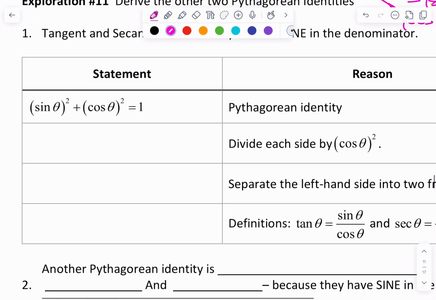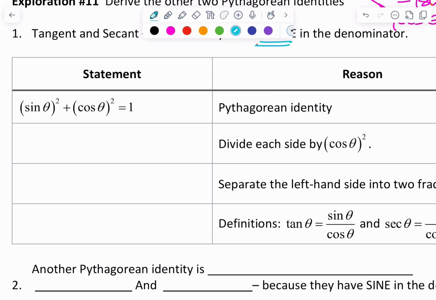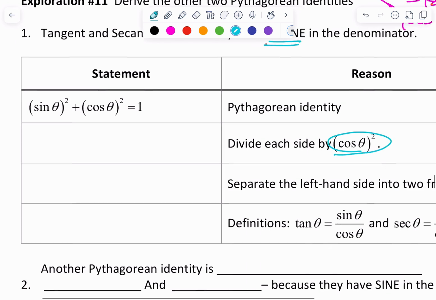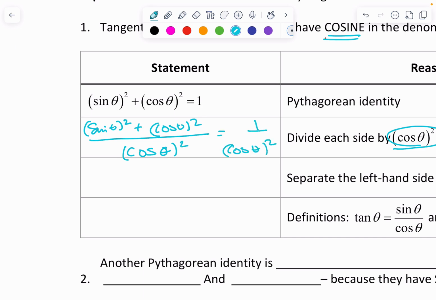All right, so let's go over the first one, and it's the one that involves tangent and secant because they have cosine in the denominator. I've written down the identity for you, and it tells me first to divide both sides by cosine of theta squared. So we have sine of theta squared plus cosine of theta squared all over cosine of theta squared is equal to 1 over cosine of theta quantity squared.